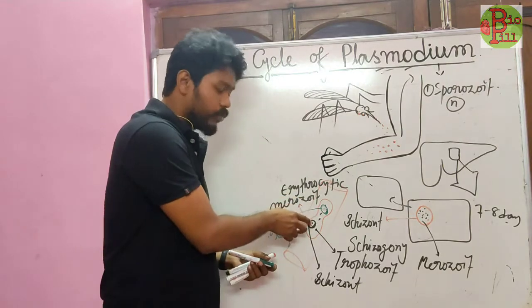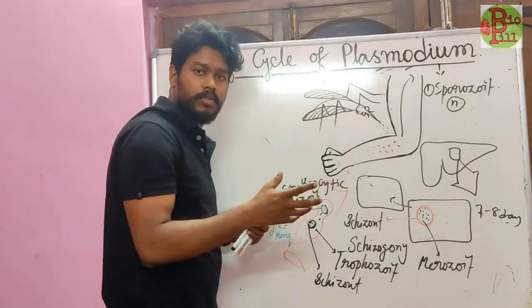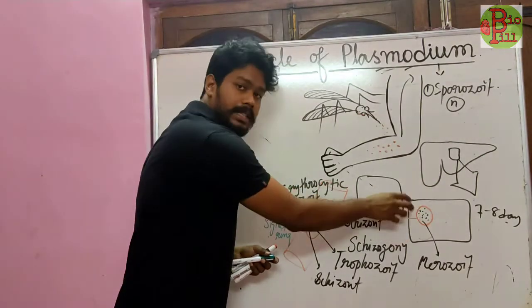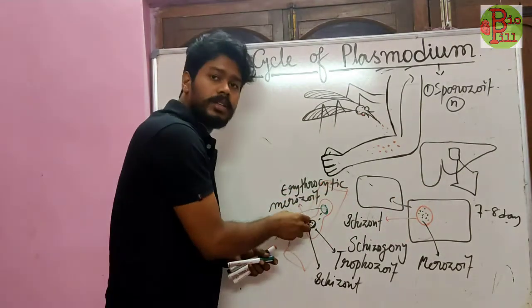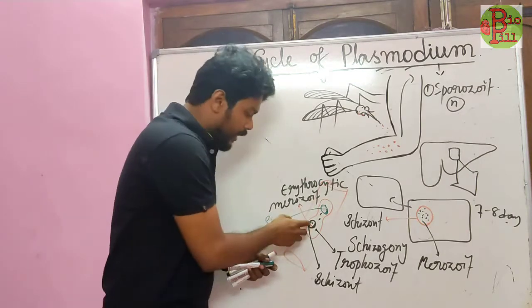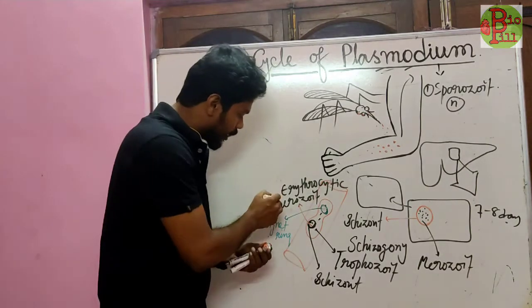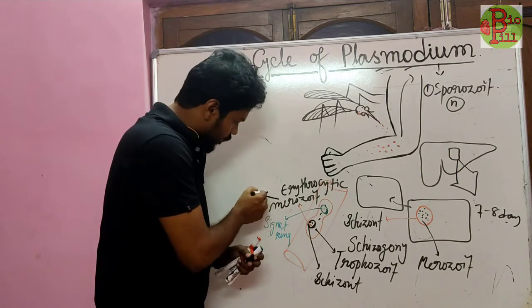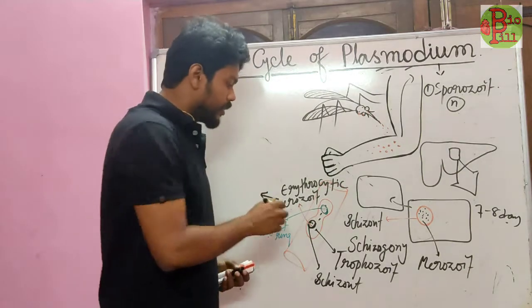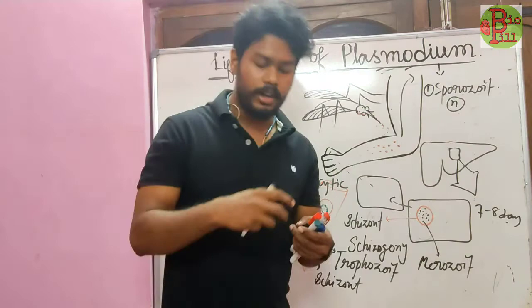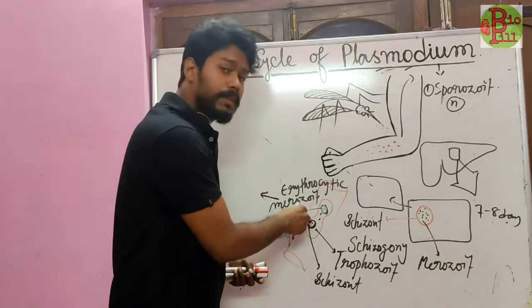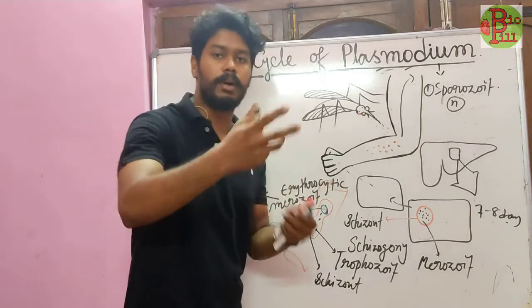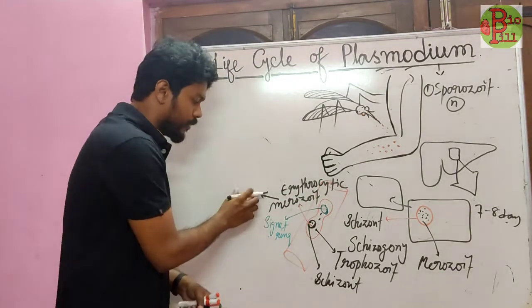Again, this merozoite phase will burst the structure of the RBC and come out. Inside the RBC they do the same thing and come out. These merozoites will come out in our blood and attack another RBC, doing the same kind of thing, multiplying as erythrocytic merozoites and coming out again.